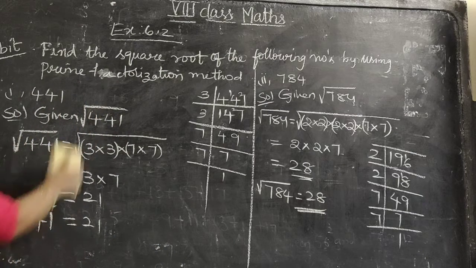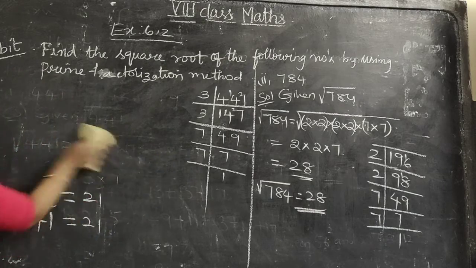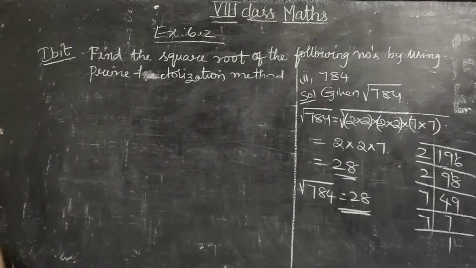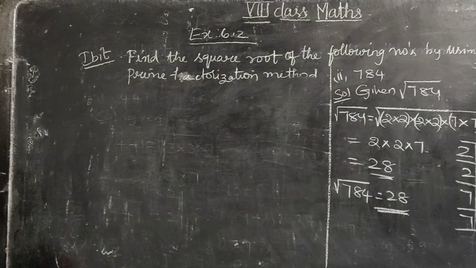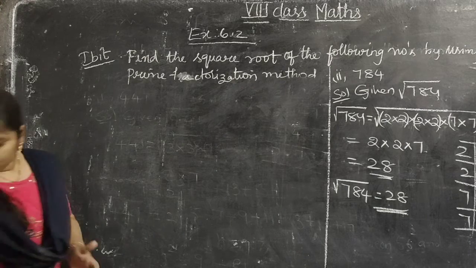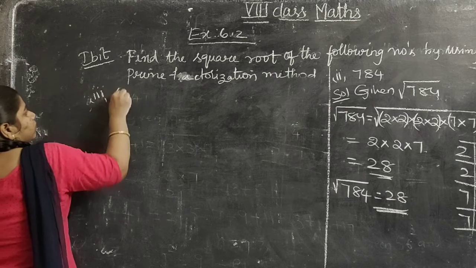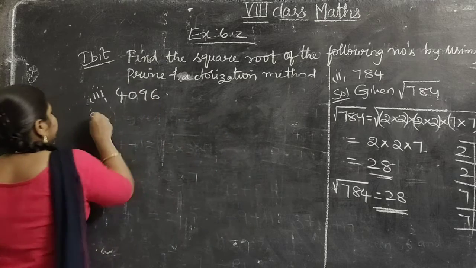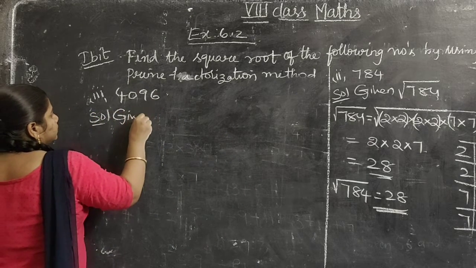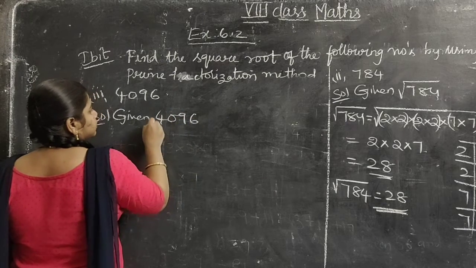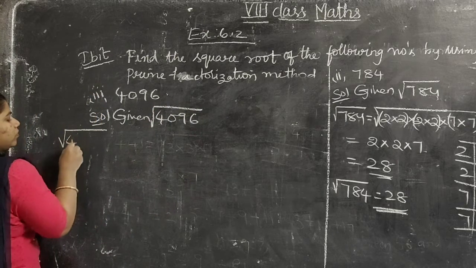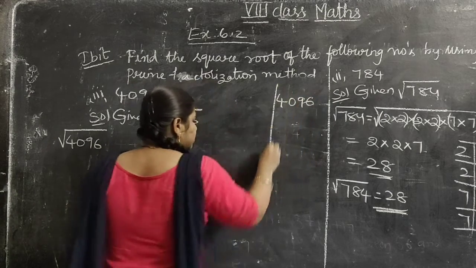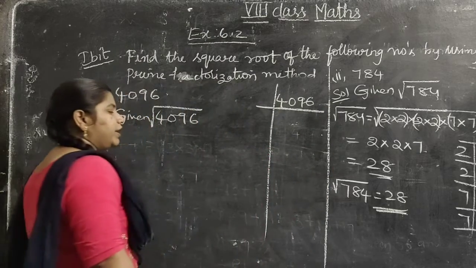Next is 4096. So find prime factorization for this. So last digit is 6. 6 is an even number, so we can take with 2 table.